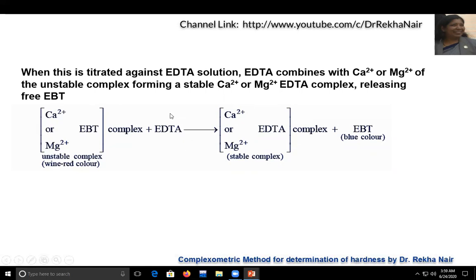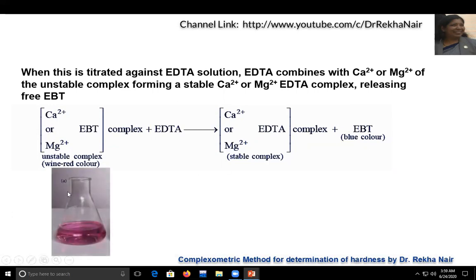When we add EDTA into this solution, EDTA will replace EBT and form the calcium magnesium EDTA complex, which is a very stable complex. It does not have any color, and the EBT, which is nothing but the blue colored dye we used as indicator, gets separated out. You can see the color change.